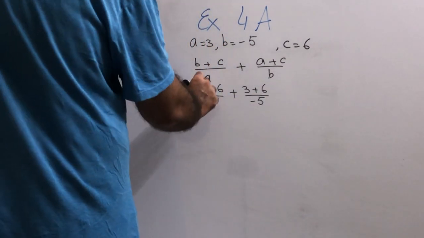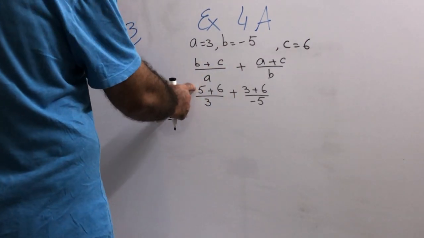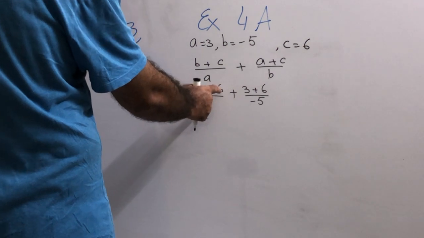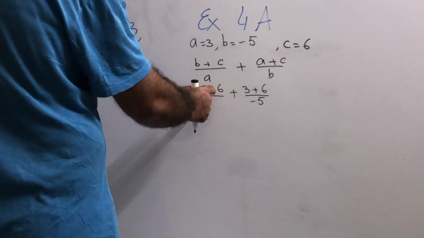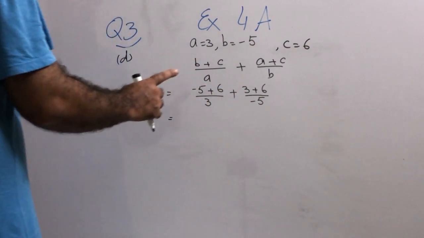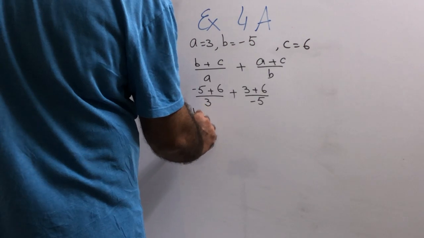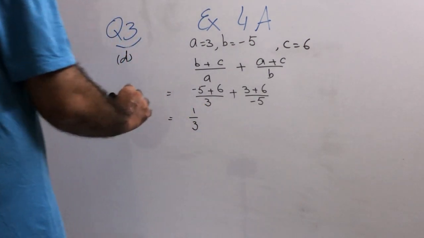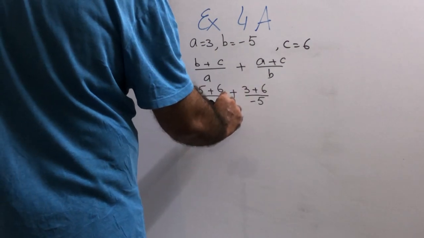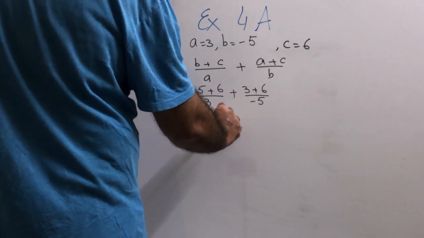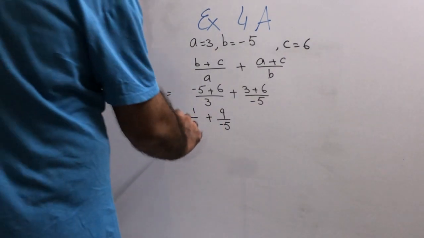Now minus 5 plus 6, it is a loan amount of $5 and this is $6 in your pocket. So when you pay the loan of $5, you are only left with $1 in your pocket, so it becomes 1 over 3. Then plus 3 plus 6 is 9, divided by minus 5.